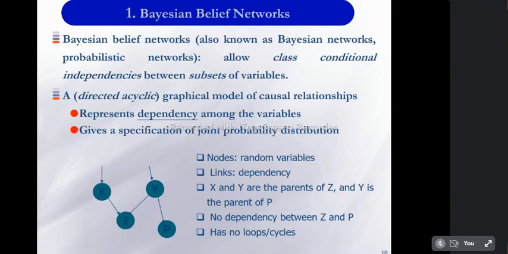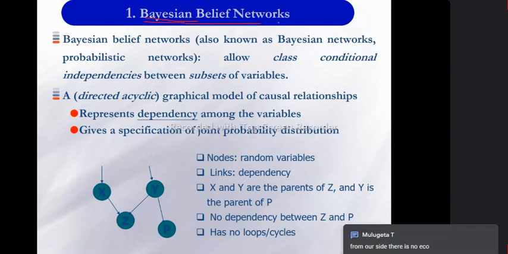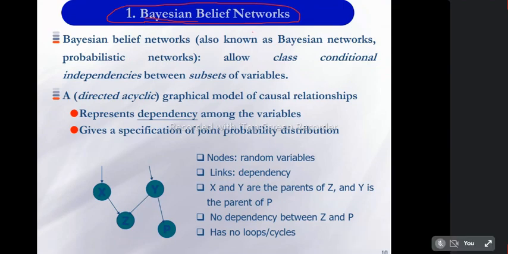From classification, we have to look at the Bayesian belief network, or Bayesian classification. The Bayesian classifier uses a probability technique for estimating some values. It is called a Bayesian classifier.